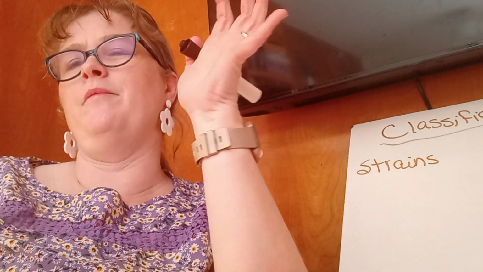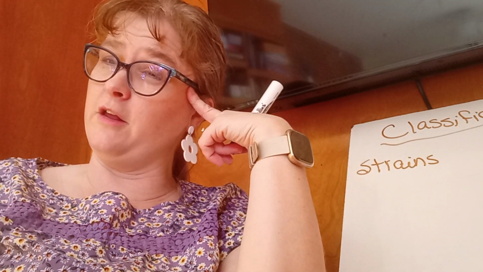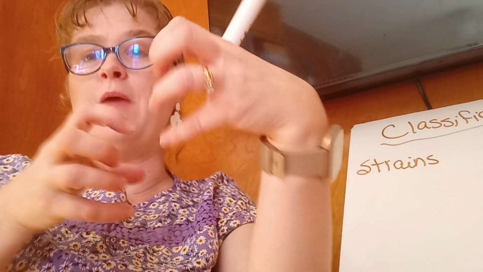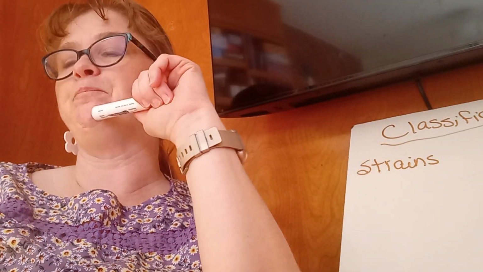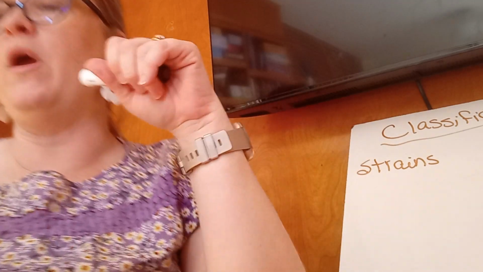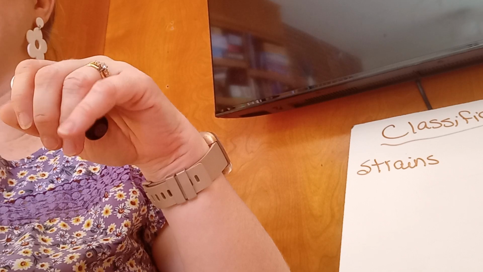Maybe a strain of the flu, or no, that's not a good example because the flu is a virus. But you have the same species, and then you have strains within that same species.